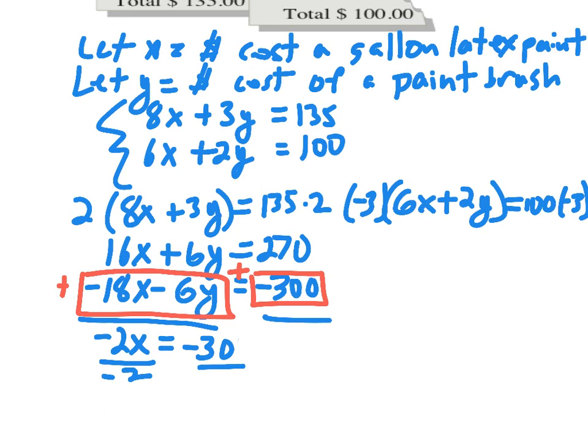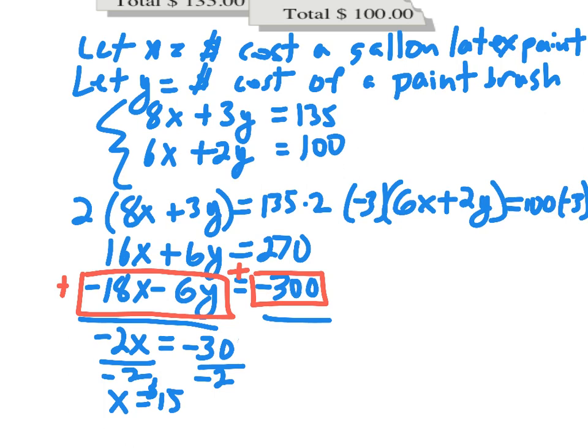So divide by -2, and that will get x equals $15. And then I can plug that into either of the equations. So each gallon of paint costs $15, and so if I go 8 times 15, let me use the other equation, numbers are slightly easier.